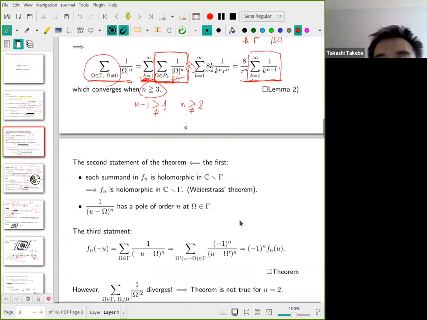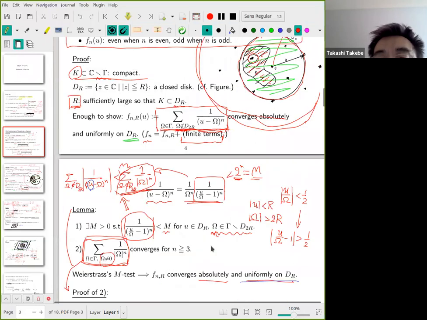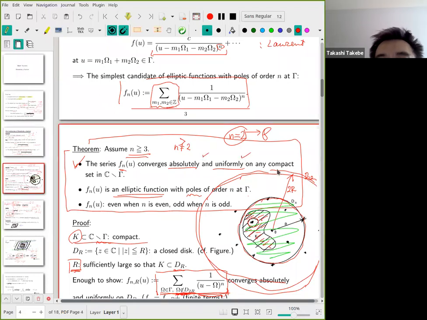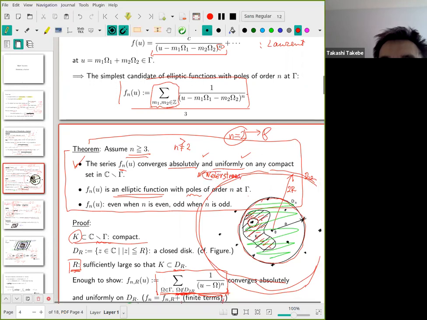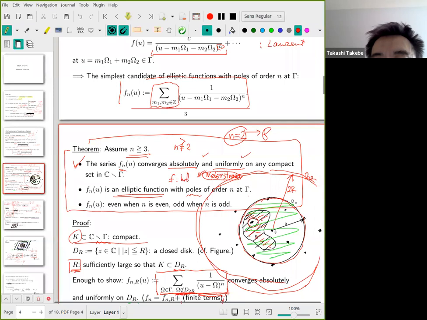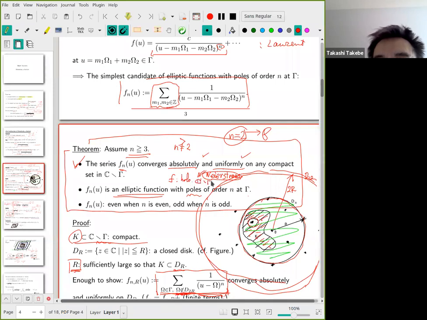Because this series converges absolutely and uniformly on any compact set, the Weierstrass theorem for convergence of a series of holomorphic functions says that f is holomorphic on the complex plane except at the lattice Gamma.